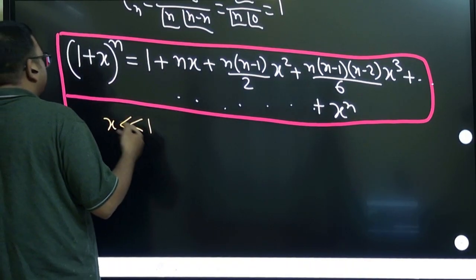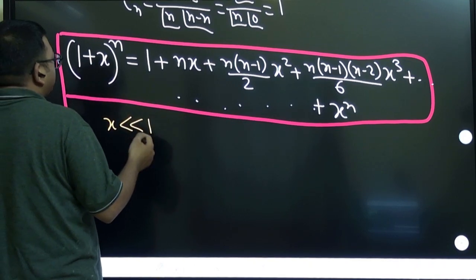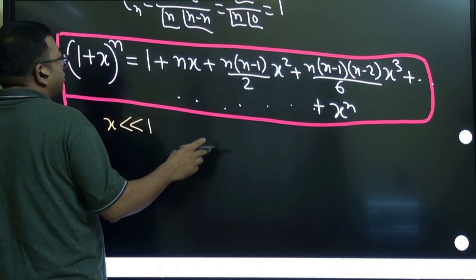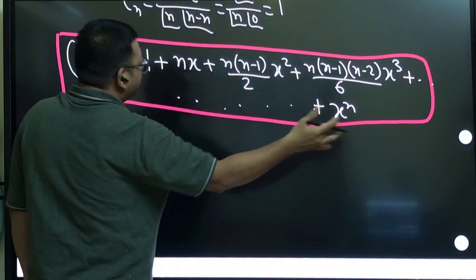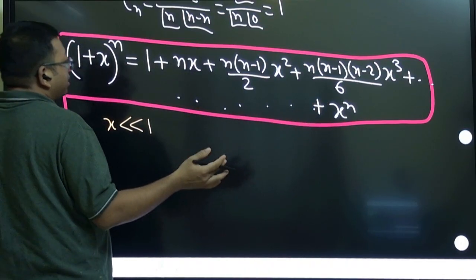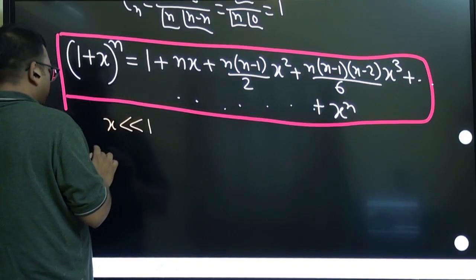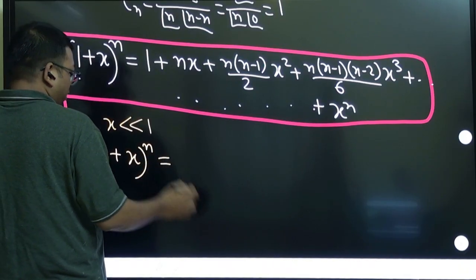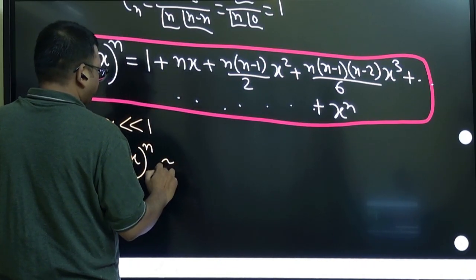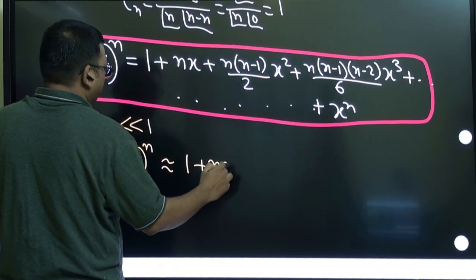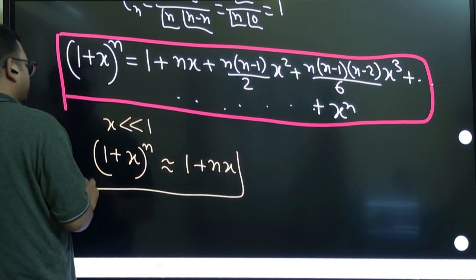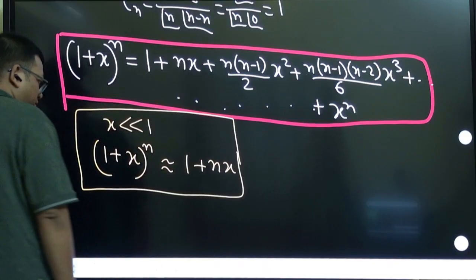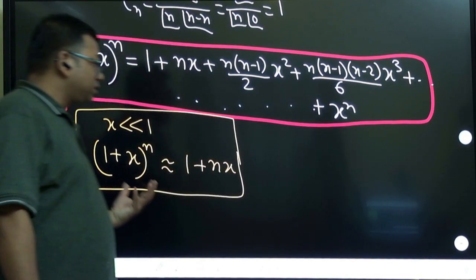Then x is a fraction like 0.001, so the square and cube terms can be neglected. Can be neglected means we can ignore them. So (1 plus x) power n can be taken approximately as 1 plus nx. Note that this is an approximation. This is not an exact method. We are just doing an approximation.